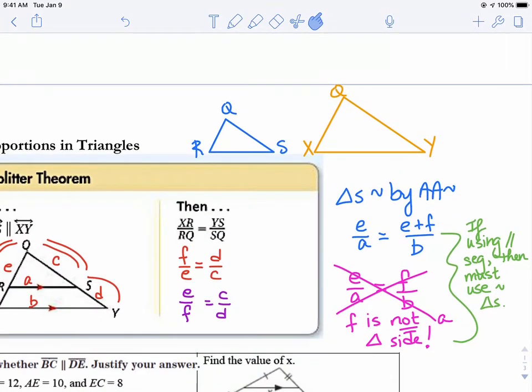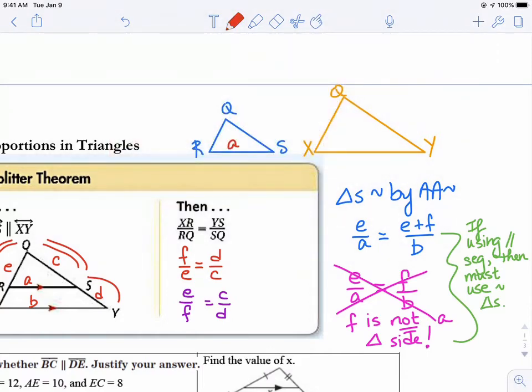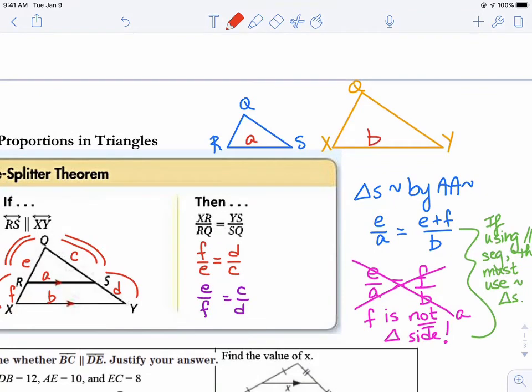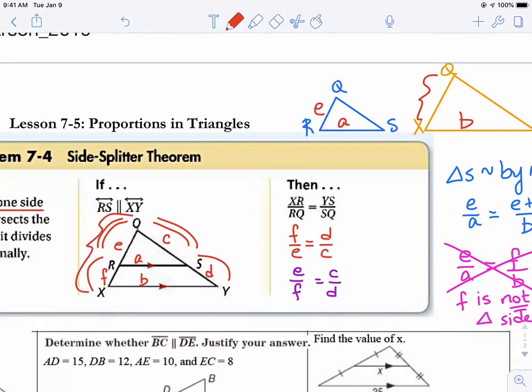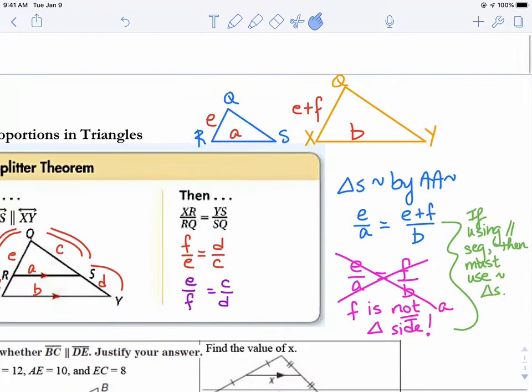If you're going to be using RS, which was our A here, and XY, which was our B, and then QR is E, this whole side, QX here, this whole side is not F. That whole side is E plus F. Okay, and so it makes sense that if you say E is to A, as you are down here, E is to A as E plus F is to B. You cannot just be using F because F is not a side of the triangle.